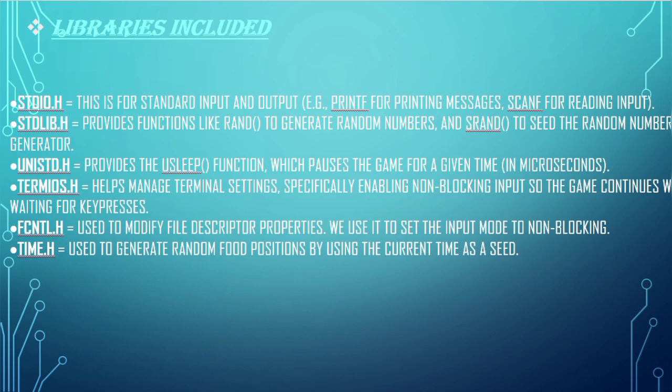In our code we have to generate random numbers for generating the food randomly anywhere. Therefore, we have used the rand function to generate the random number, so we can put the food there. And the next is unistd.h, which provides the usleep function.